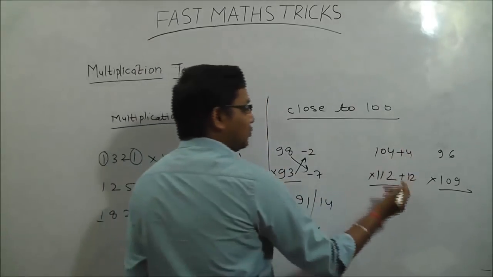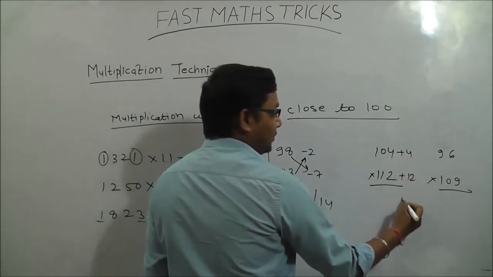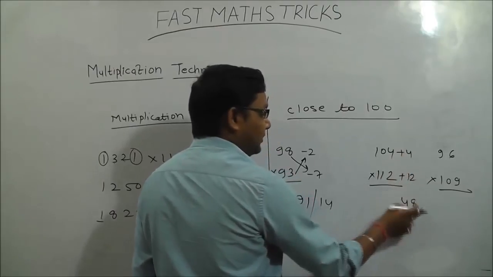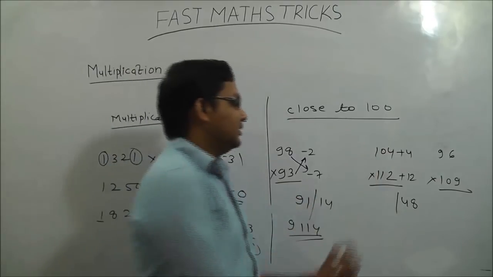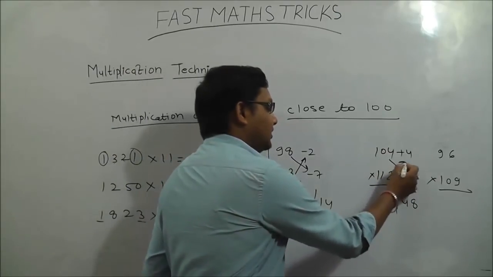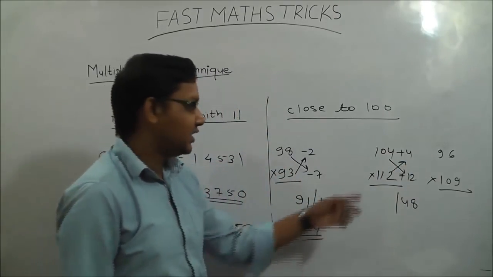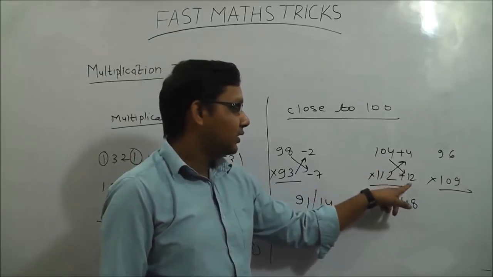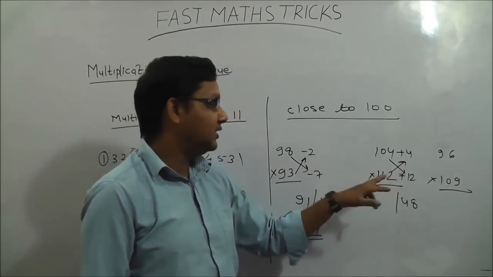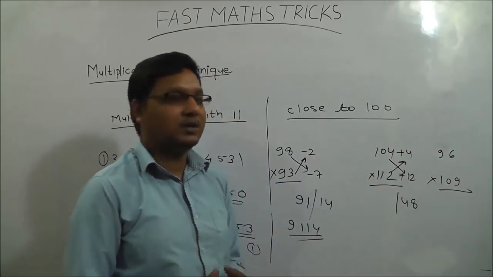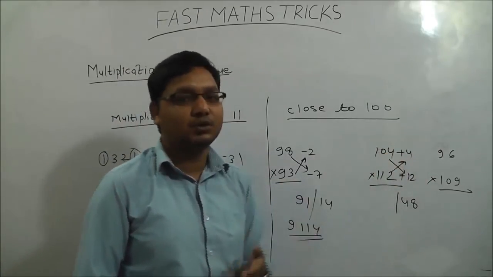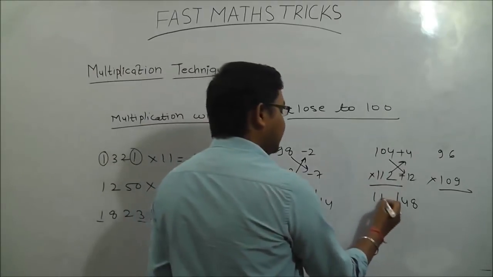So 4 into 12 is 48. So it will be the second part. And doing the cross addition, how much will you get? 104 plus 12 is 116, or you can do 112 plus 4, whichever you are comfortable with.